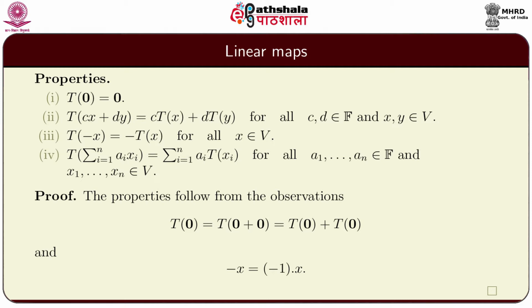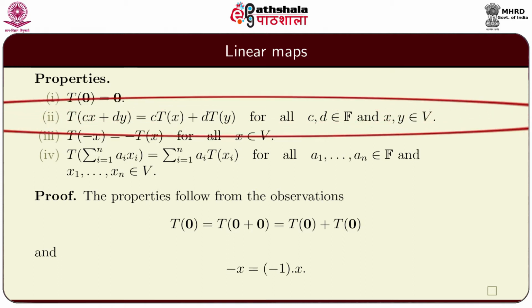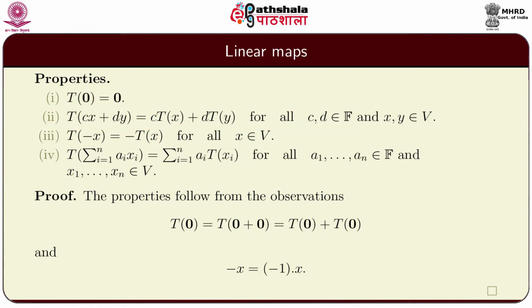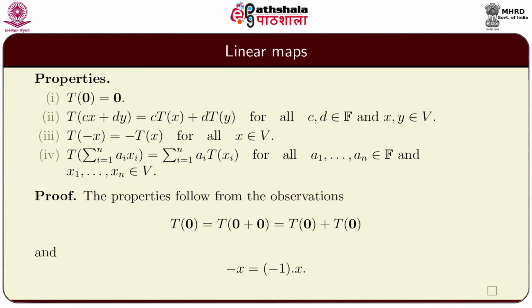So, the first property is T(0) = 0, that means it sends the 0 vector of V to the 0 vector of W. Then the second property says that T(cx + dy) = cTx + dTy for all scalars c and d and for all vectors x and y in V. Third property says T(-x) = -Tx for all vectors x in V. And the fourth property says that T of the summation of a_i x_i, i equal to 1 to n, is the summation i equal to 1 to n of a_i T x_i.